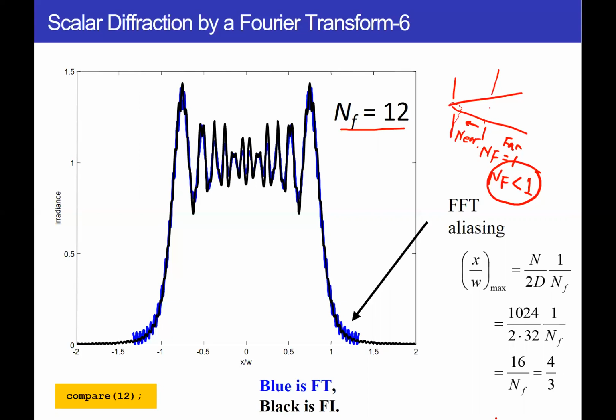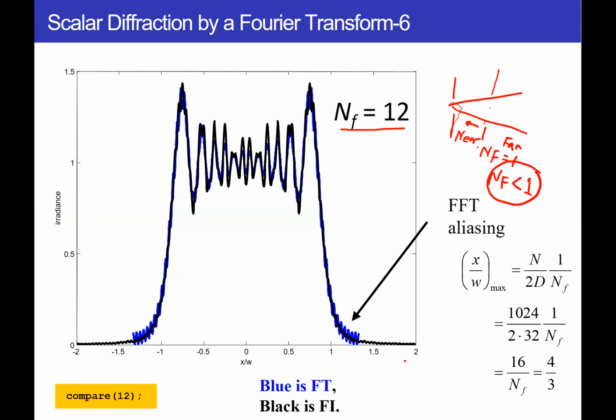That's one way. But if your NF is smaller than 1, then Fourier transformation is much faster, actually. Just think about it.